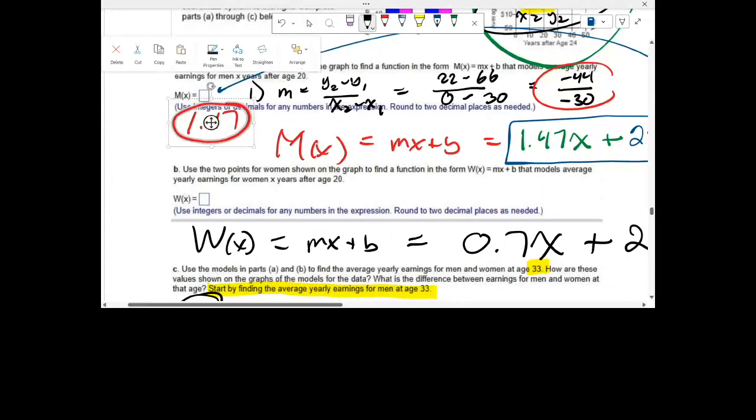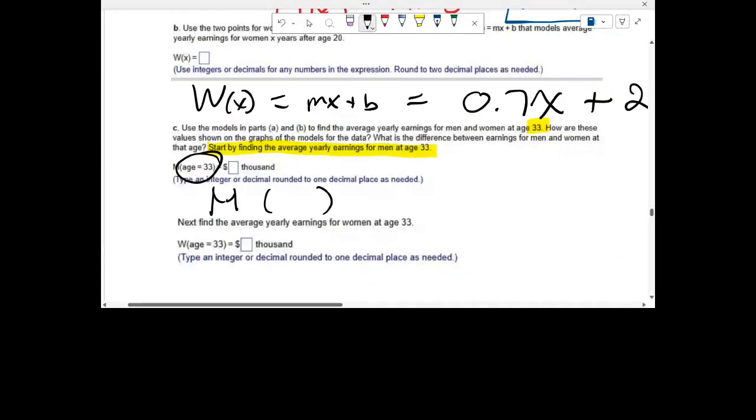X stands for the number of years after the age of 20. If you're 33 years old, how many years have passed since you were 20? 13. We're going to use the number 13.